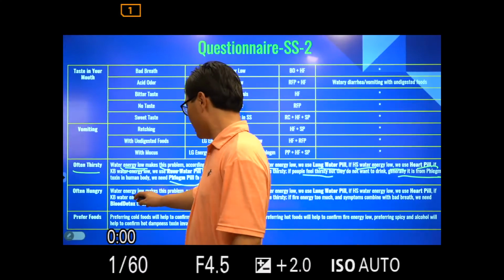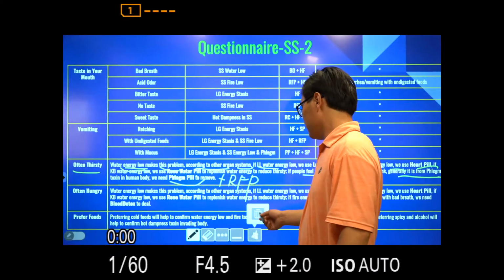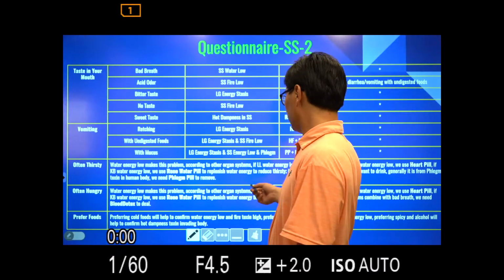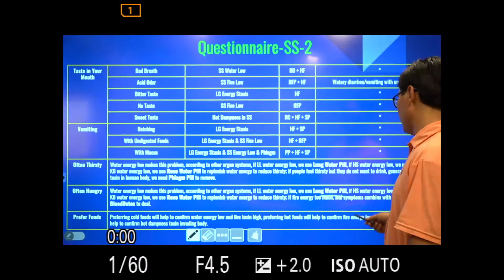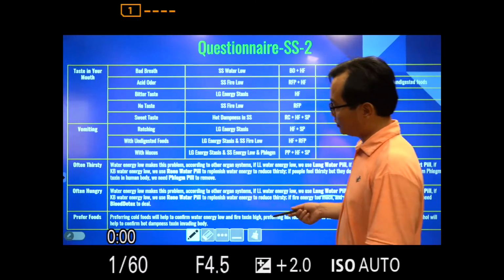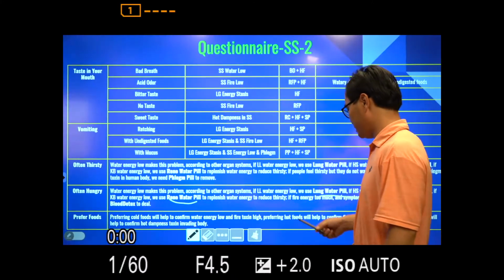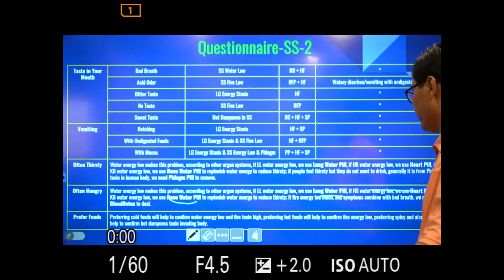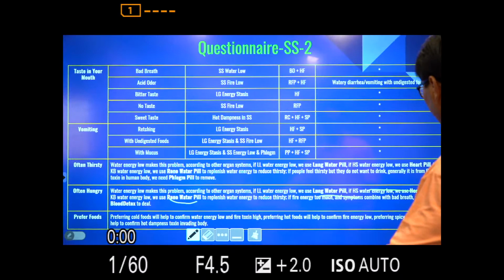Often hungry, low watch energy makes these problems. According to other organ systems, if it is LL watch energy we use the LL water pill, for HS we use the heart pill, and if TB watch energy is low, we use the water pill to replenish energy. If fire energy is too much and the symptoms are combined with bad breath, we need blood detox to deal with it.